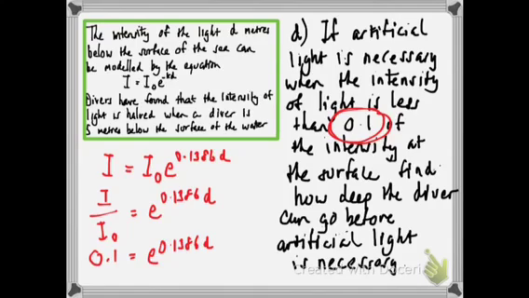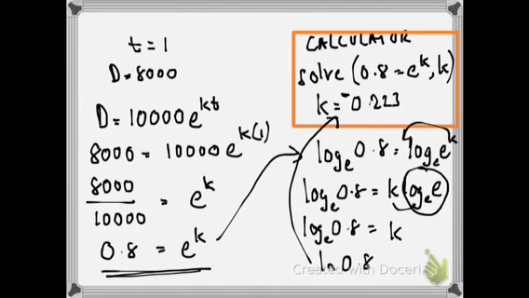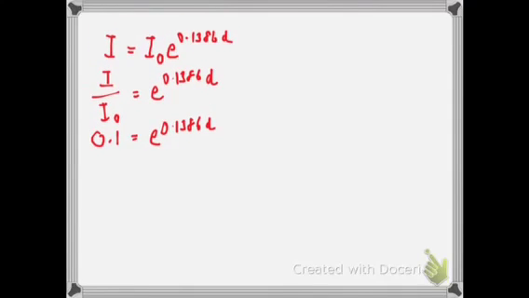Let's just go to the next slide. Now I've been using the calculator here a lot. I just thought I'd change it up once again and show you how to use the log way of doing it. And remember, to use the log way of doing it, you log both sides to the base e.